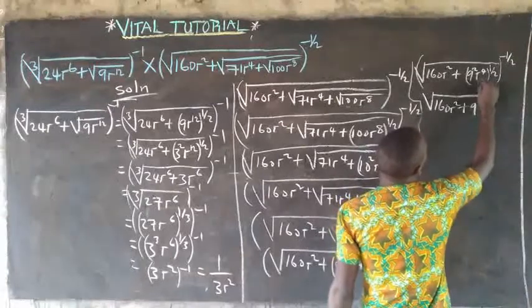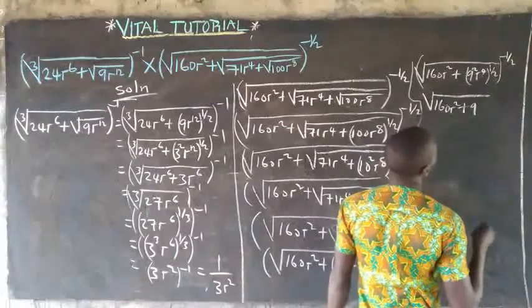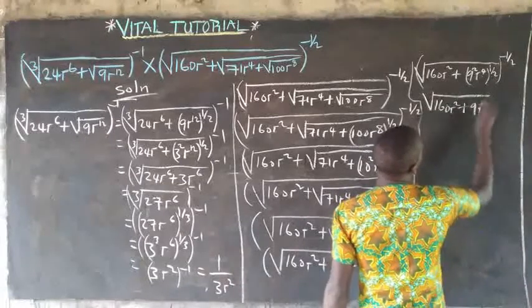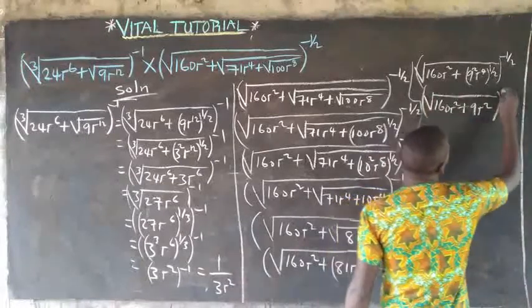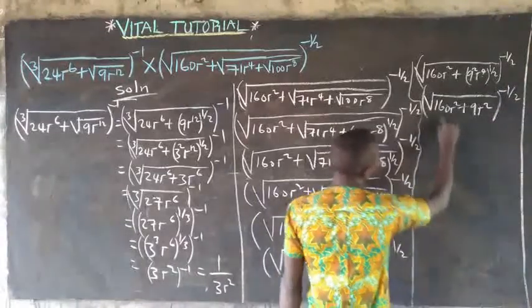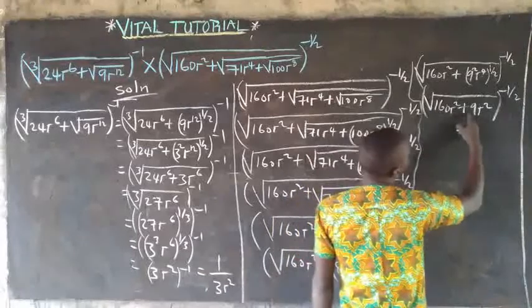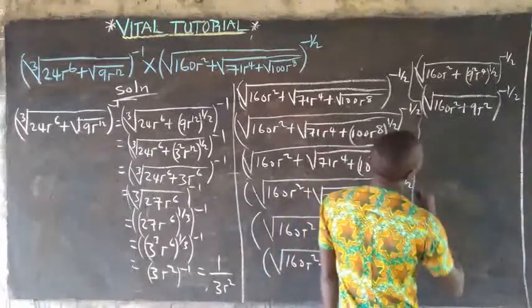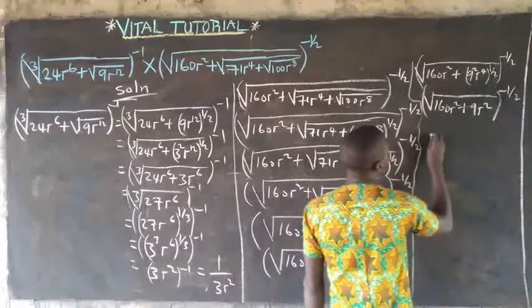4 times 1 all over 2 is 2. So r to the power of 2 is r to the power of 2. So into this one is to the power of minus 1 over 2. So 160 r to the power of 2 plus 9 r to the power of 2. So this is 169 r to the power of 2.